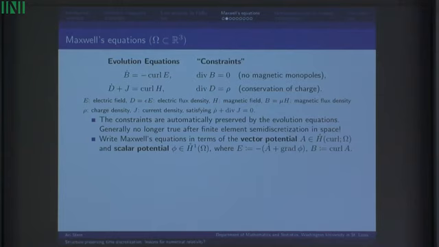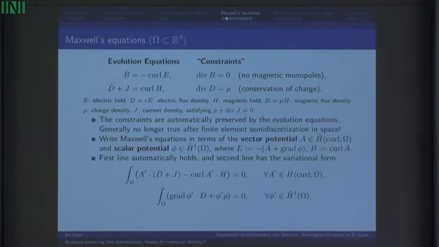And here, I'm going to have the vector potential be a vector field, which I'm going to assume is in H curl with a vanishing tangential component. That means it's an L2 vector field, and its curl is also L2. Right? And H1 is the Sobolev space I mentioned before. And given the vector potential and scalar potential, I can define the electric and magnetic field in this way.